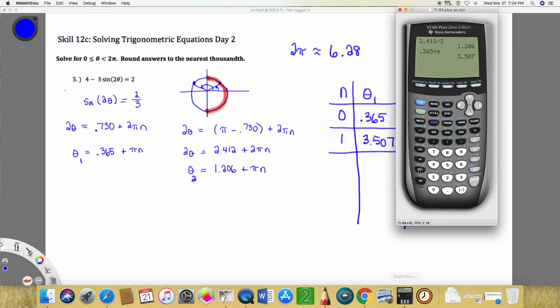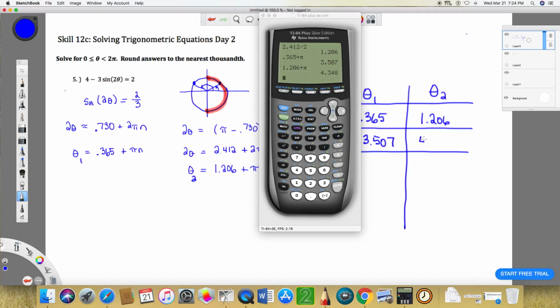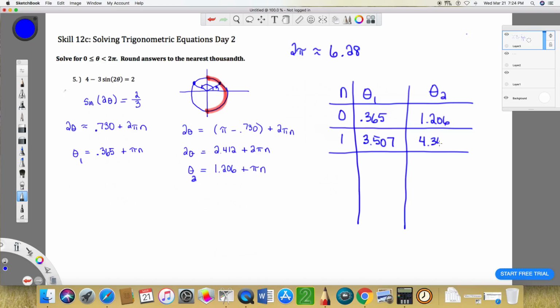All right, so what about if we go back and use that 1.206 and add pi to it? 4.348. So all of these so far are solutions to our equation, and they're also between 0 and 6.28, between 0 and 2 pi.